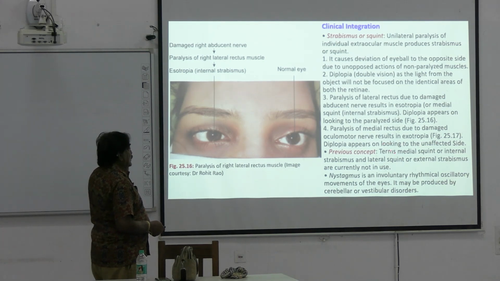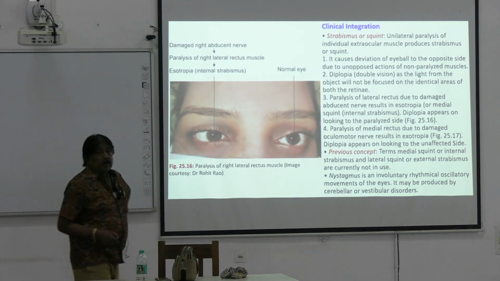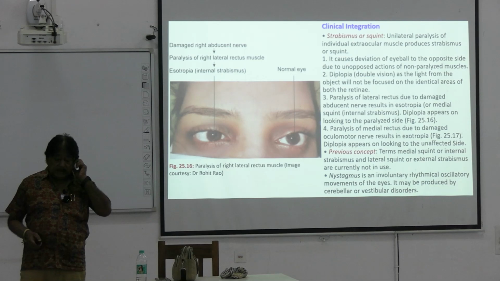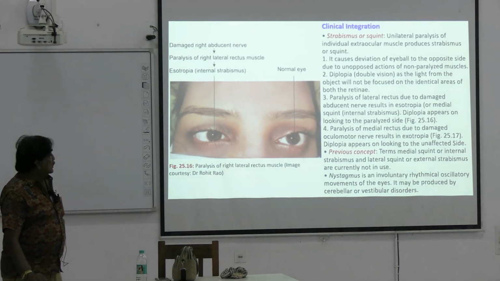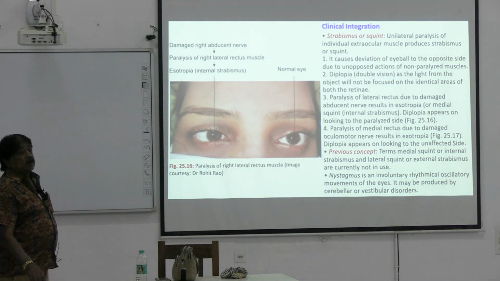The previous terms, medial squint or internal strabismus and lateral squint or external strabismus, are currently not in use. Nystagmus is an involuntary, rhythmical, oscillatory movement of the eye. It may be produced by a cerebellar or vestibular disorder. When you read the brain, you will cover cerebellar and vestibular disorder.